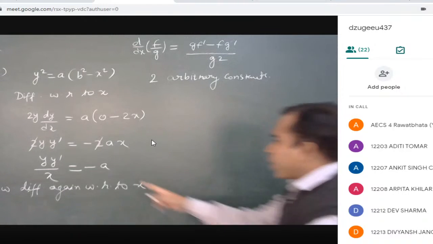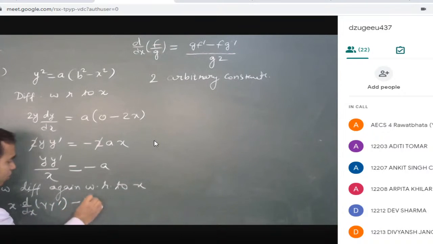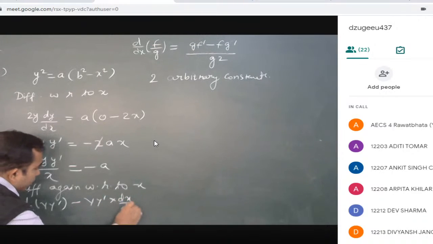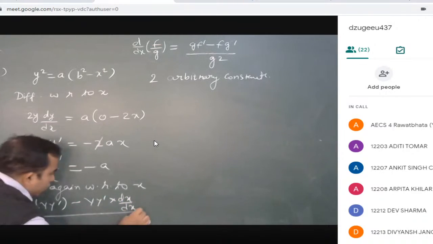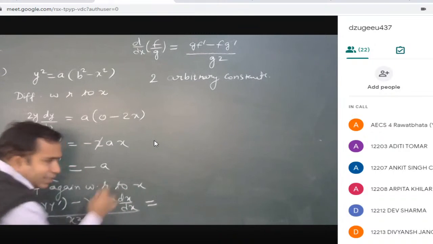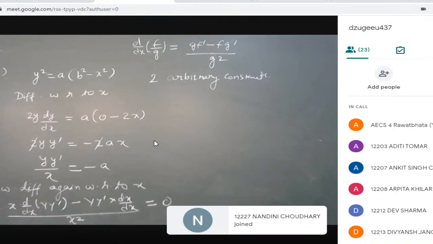So let us apply it on the left hand side. So this will become x as it is into d upon dx of y dash minus y dash as it is into dx upon dx, whole upon denominator square, x square, is equal to minus a derivative. Minus a derivative is 0 because that is a constant, right?